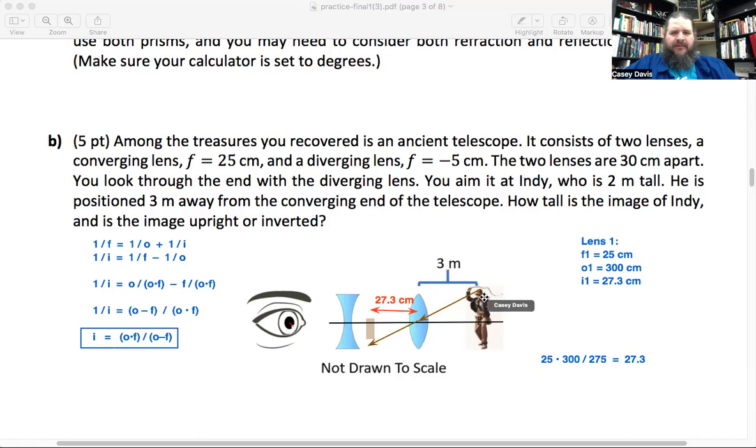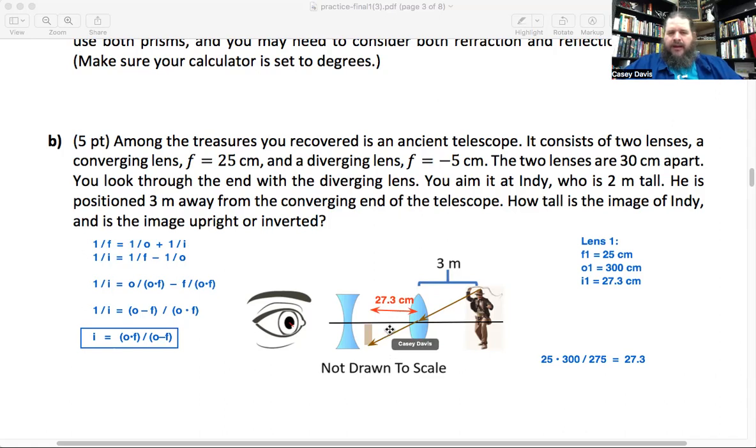So the image of the guy's head is going to be below the axis. The guy's head was above the axis, so the image will be upside down. Is it upside down relative to the object always, right? Yeah, it's always relative to the object, or in a multiple lens setup, relative to the previous image, not necessarily to the original object.